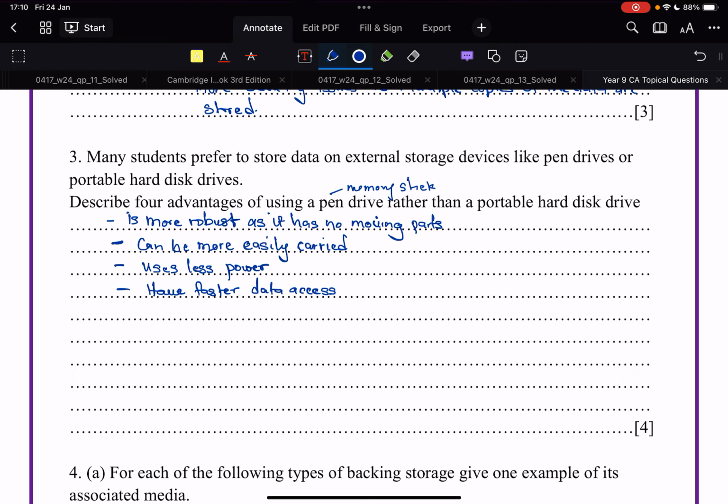And I'll probably just make this an order because I've talked about 4 points already. It also has a faster data transfer time.